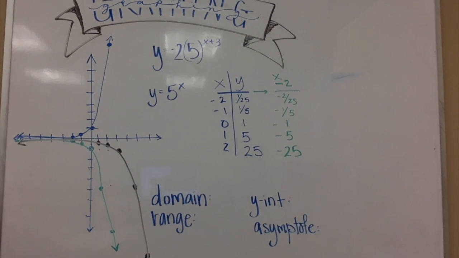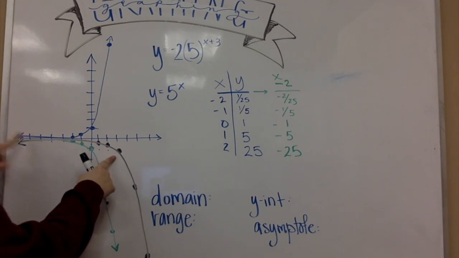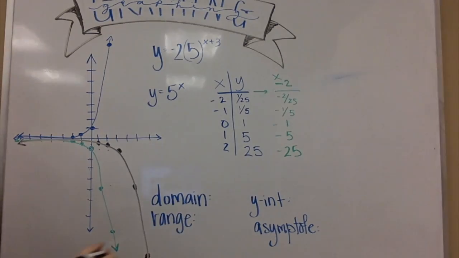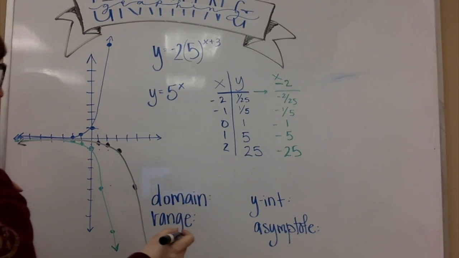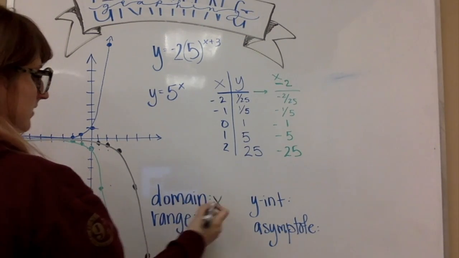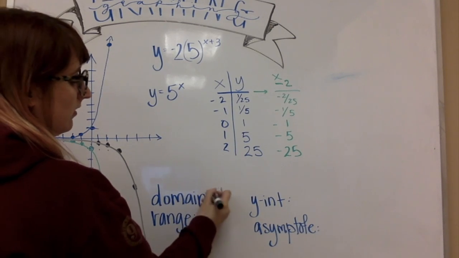So now that I have my graph here, I can now tell my domain, range, y-intercept, and asymptote. So if I look at my domain, all right, now remember our domain is our x values. So our x values are going all the way to infinity to the left and then all the way to infinity to the right. So that means I'm going to have all real numbers.